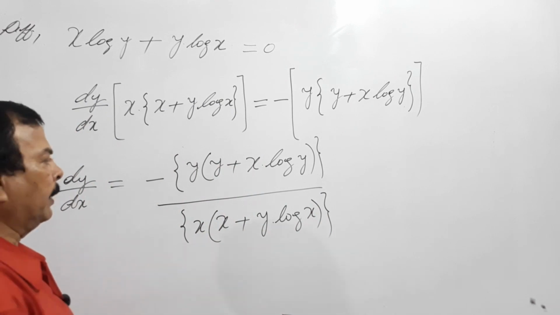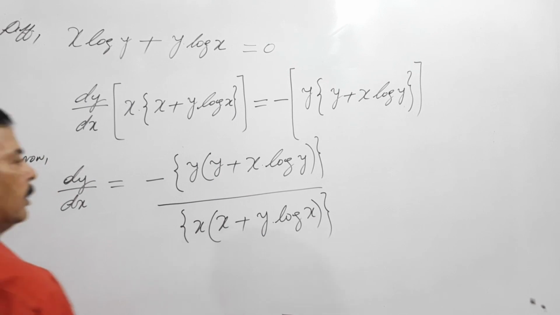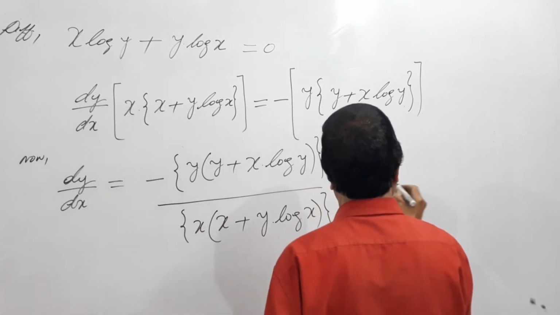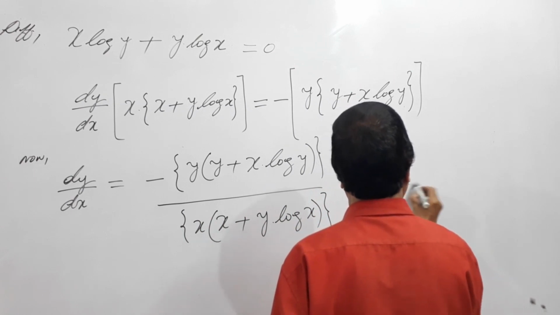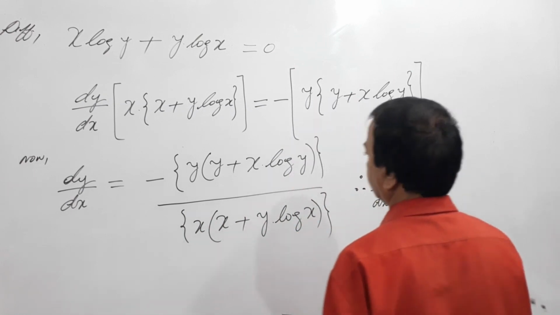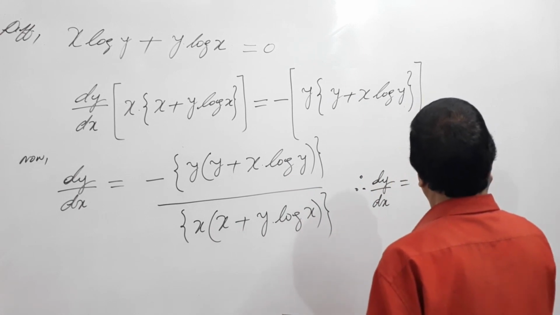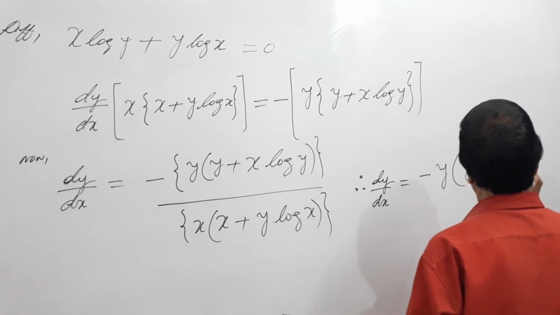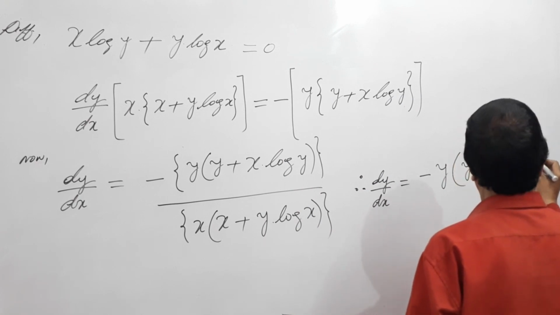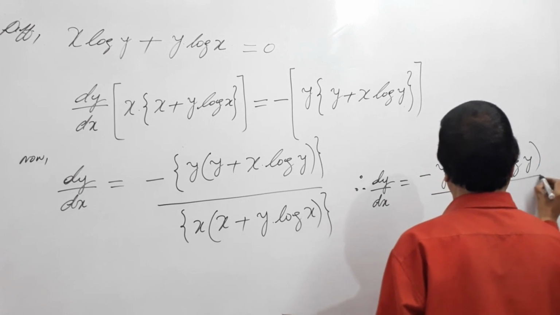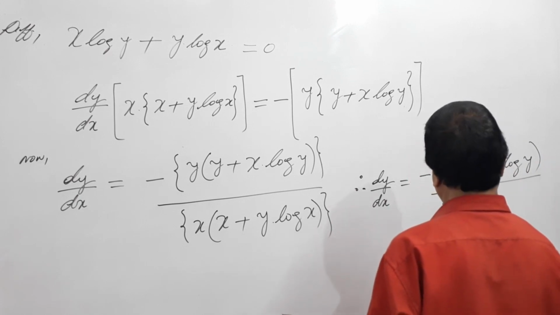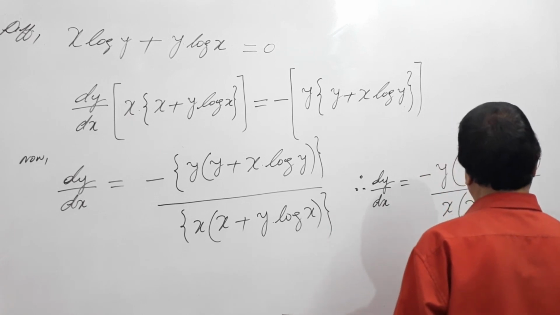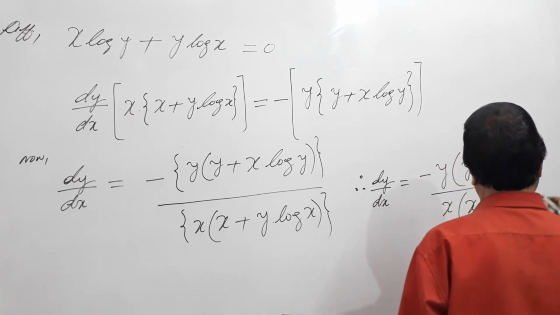So therefore dy by dx equals this. So I'll write here, therefore dy by dx equals minus y into (y plus x log y) divided by x into (x plus y log x).